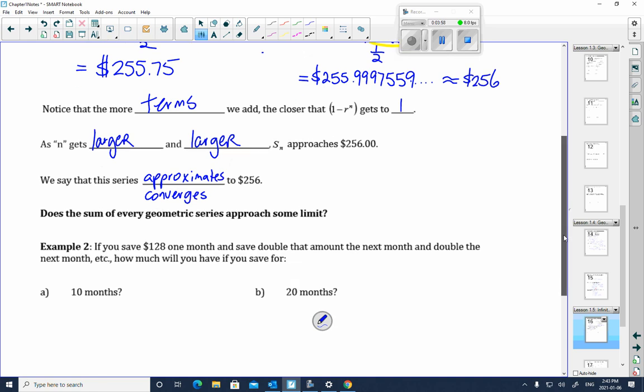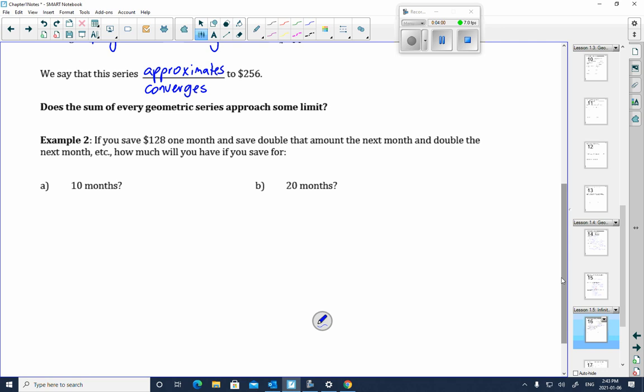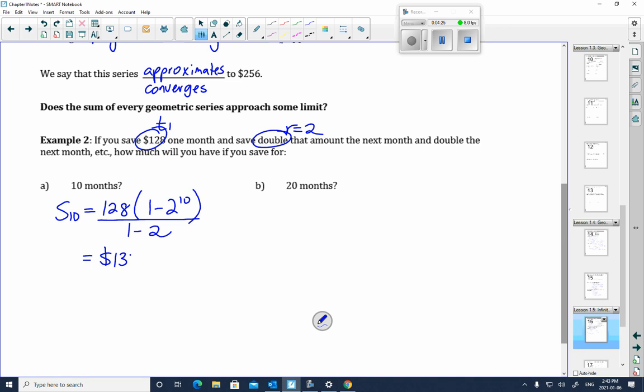I'm going to do this next scenario. This time I'm saving $128 and I'm saving double that each month. So double that means r equals 2. Here's my first term again. The only thing changing is my r. So S10 equals 128 times 1 minus 2 to the power 10, divided by 1 minus 2. If I punch that into my calculator, I get 130,944.